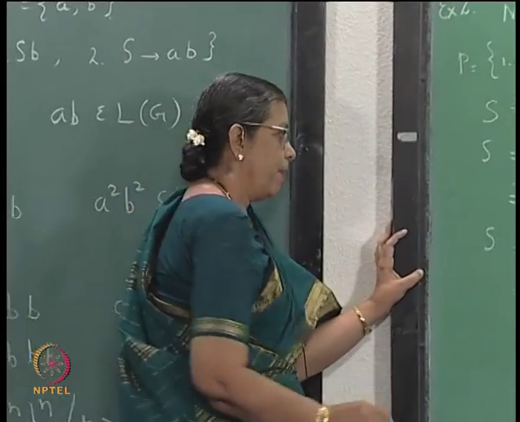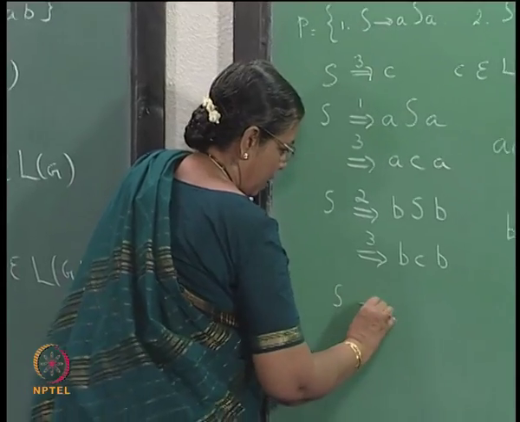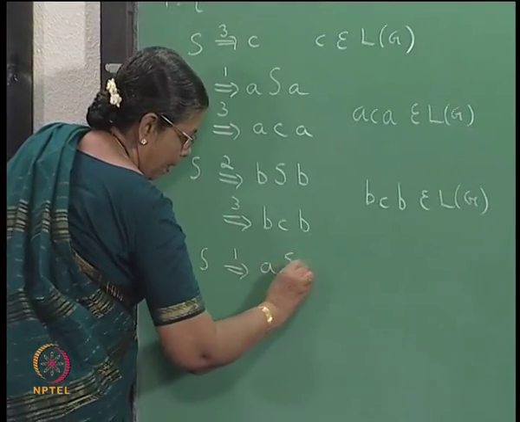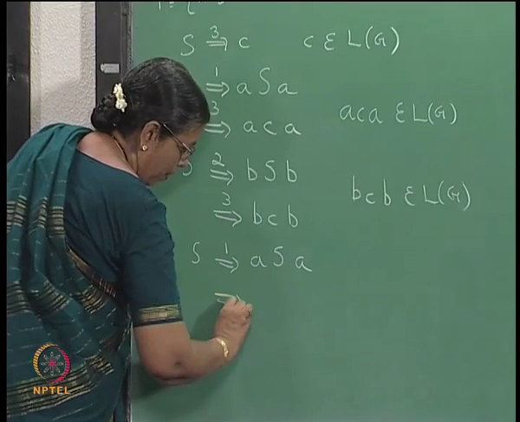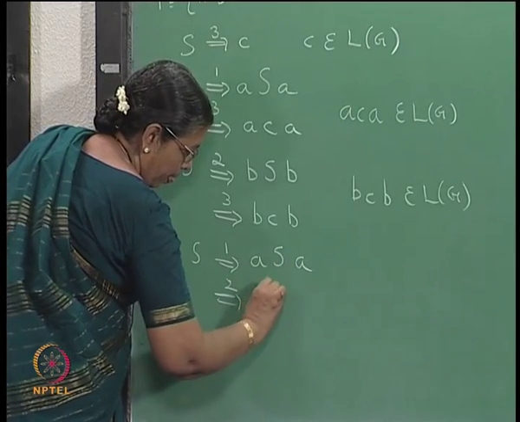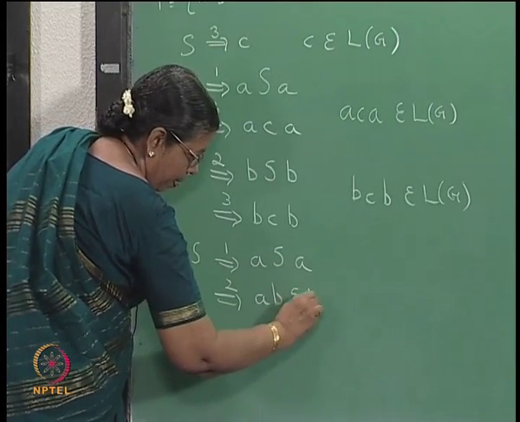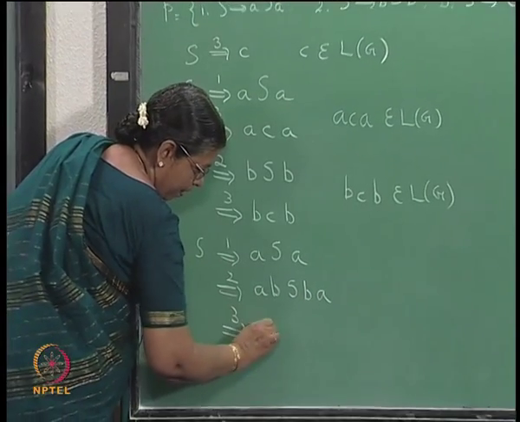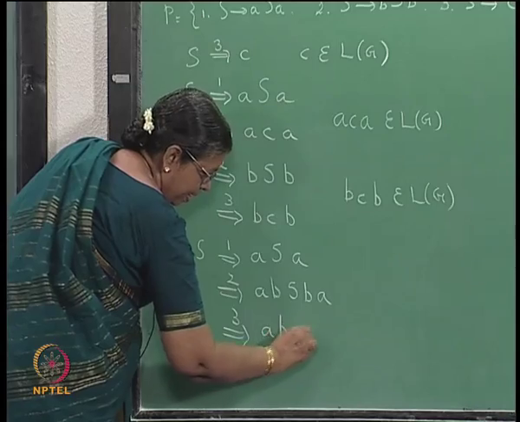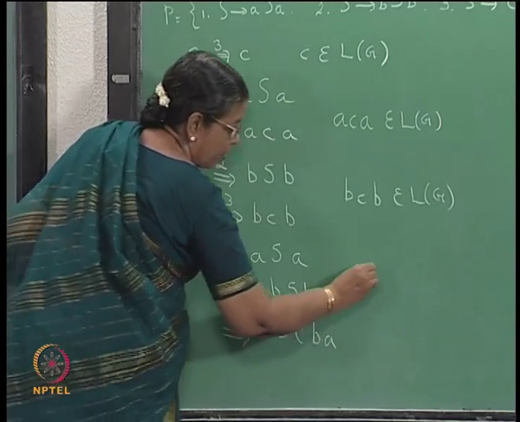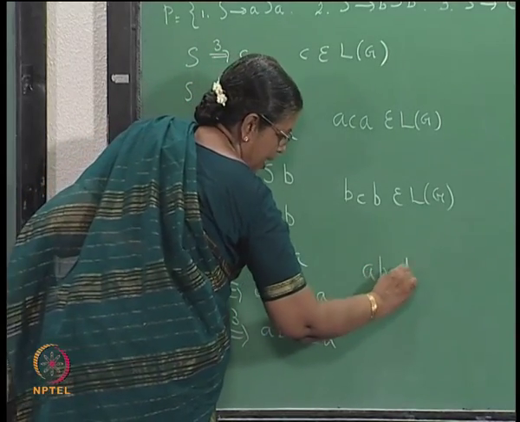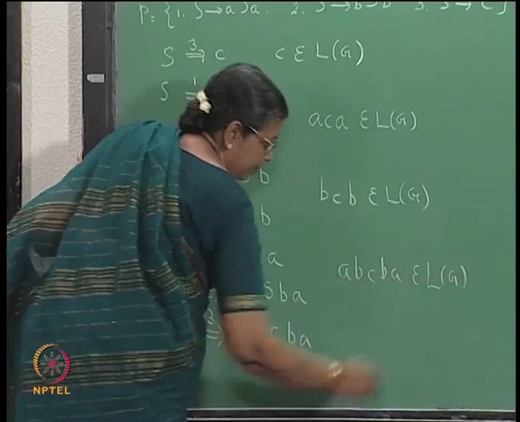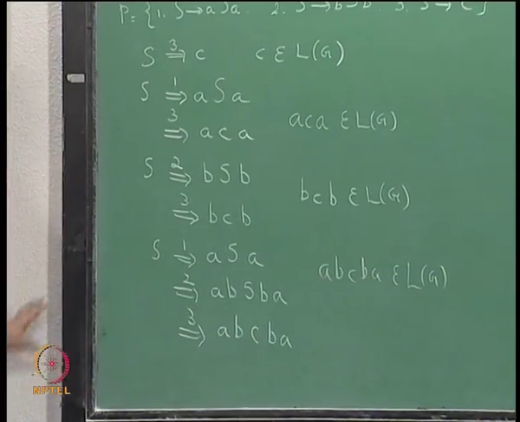Now, starting from S, you apply rule 1, then apply rule 2, then apply rule 3, you get A B C B A. So, A B C B A will belong to the language.